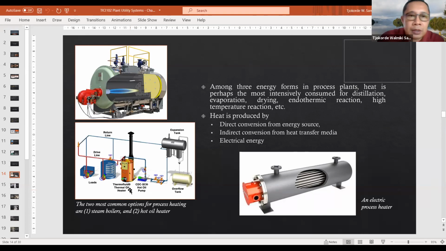Basically, in this type of heat energy supply, we simply heat up the hot oil and circulate the high temperature hot oil to the point of use, have it heat up the process fluid, and then return it again to the heater. So this is a continuous, non-stop, closed loop type of heating.